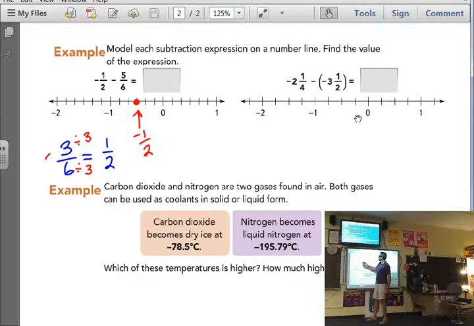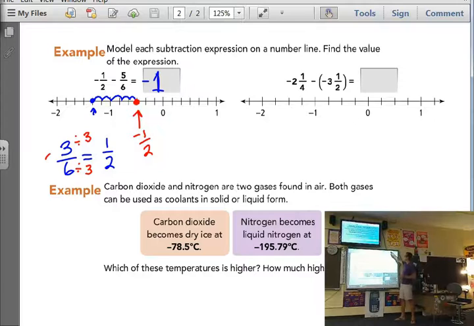So I'm going to do this in blue. So 5/6, that can't be reduced. So we might as well just count 1, 2, 3, 4, 5. We land right here. Now the question is, what is this value? So I passed -1. How far past -1 am I? -1.